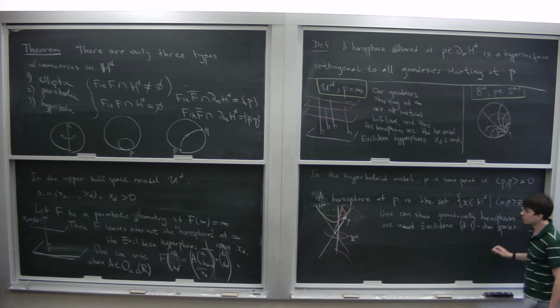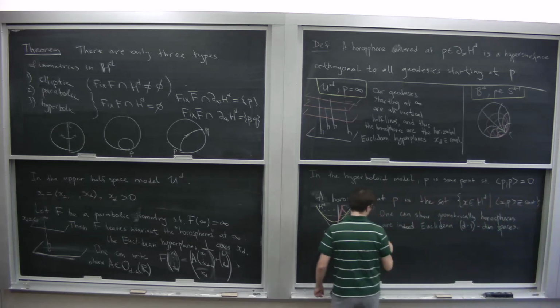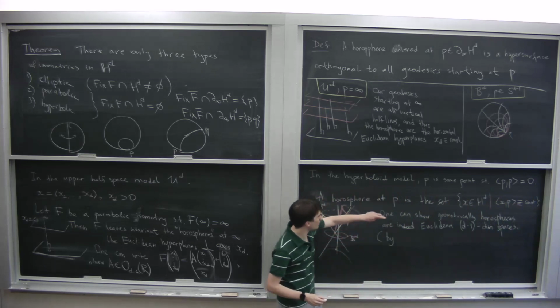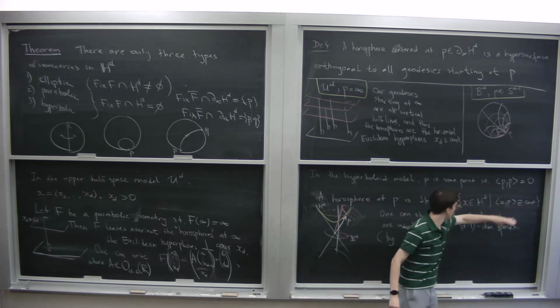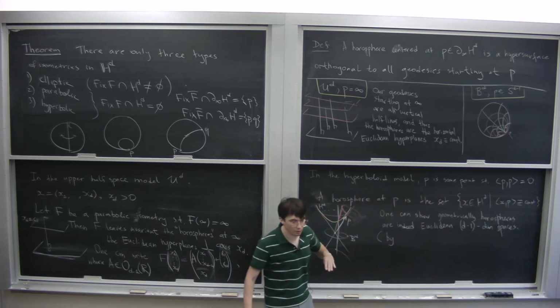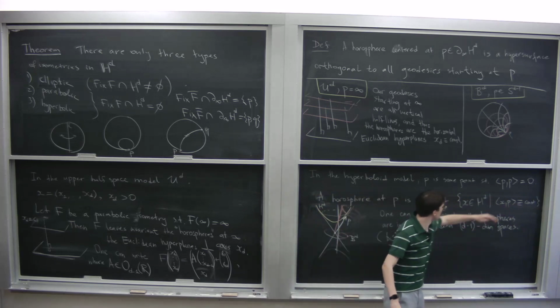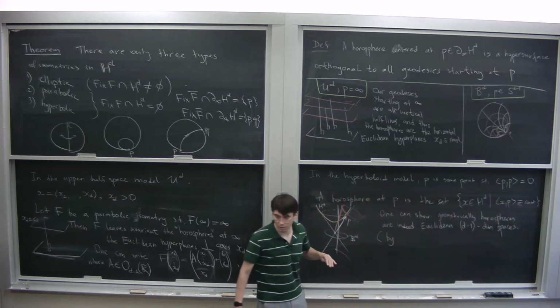And one can do it by restricting, for example, the scalar product onto the sphere, and one can obtain that this is a Euclidean manifold.